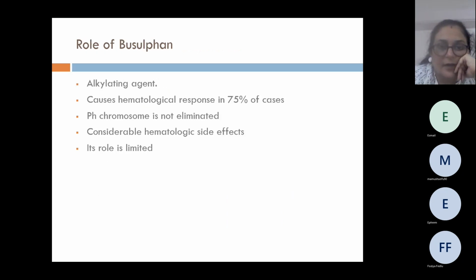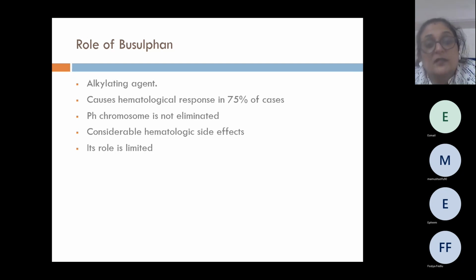The Ph chromosome is not eliminated. By giving busulfan, hematological response was there in 75% of the patients, but the Ph chromosome was still present. That means the chromosome, which is the main cause of CML, is still present even after patients take busulfan.